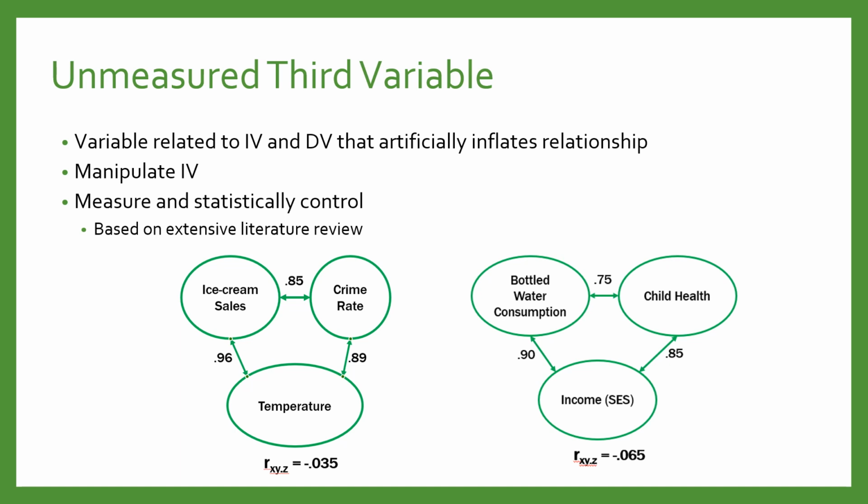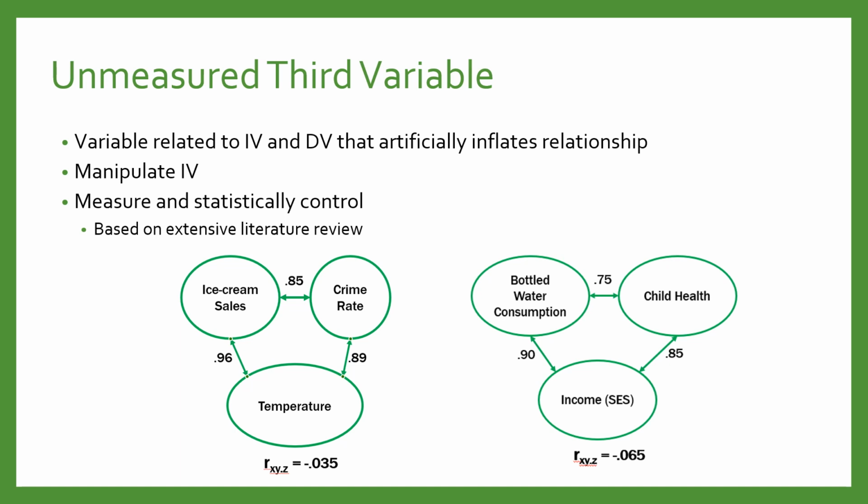Well, there's a problem. It may not be that the bottled water is helping kids be healthier, right? Remember, correlation is definitely not causation. But maybe children who come from families with a higher income or a higher socioeconomic status can afford more bottled water. And that money also allows them to afford better childcare, better health care, better food, and just better access to resources in general, which is probably what's leading to the improvements in child health.